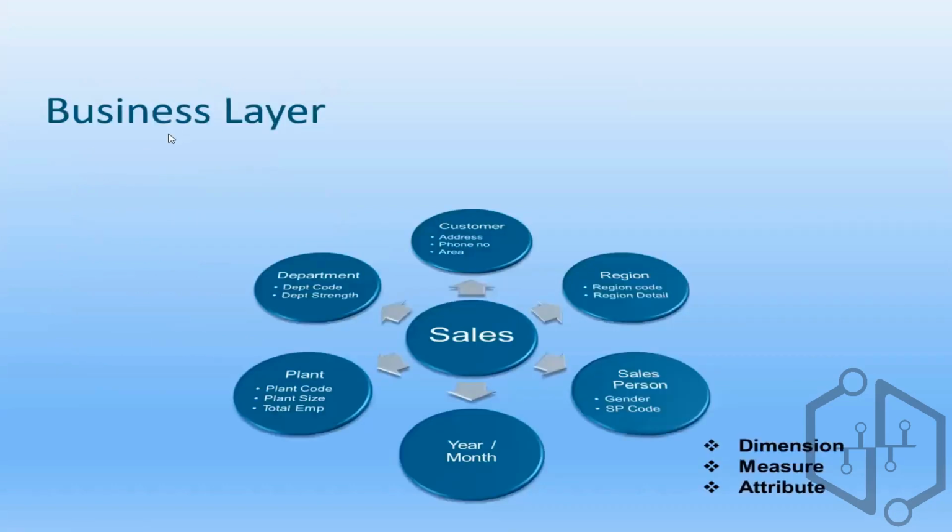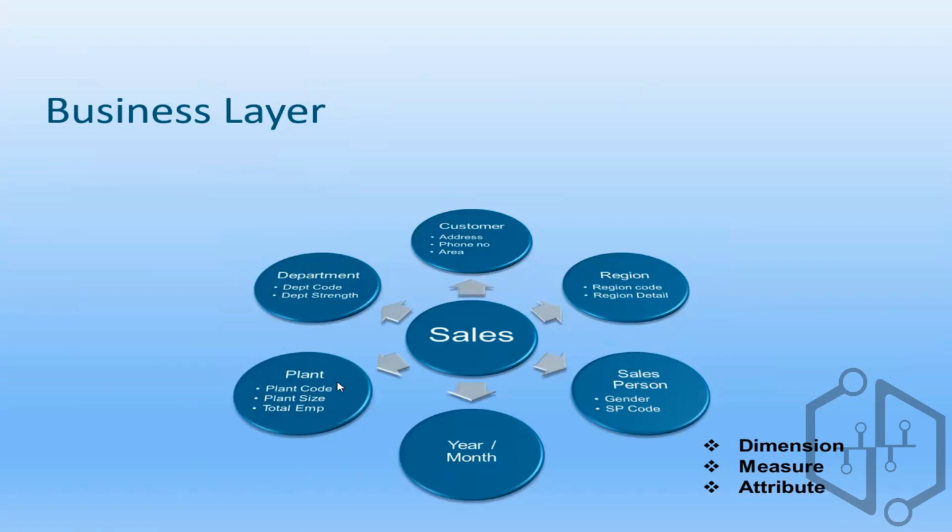As I told you, this business layer is like folders, like a customer folder. The customer class has details like customer address, phone number, area, region code, region detail, salesperson, his gender and the salesperson code, year, month details, plant.